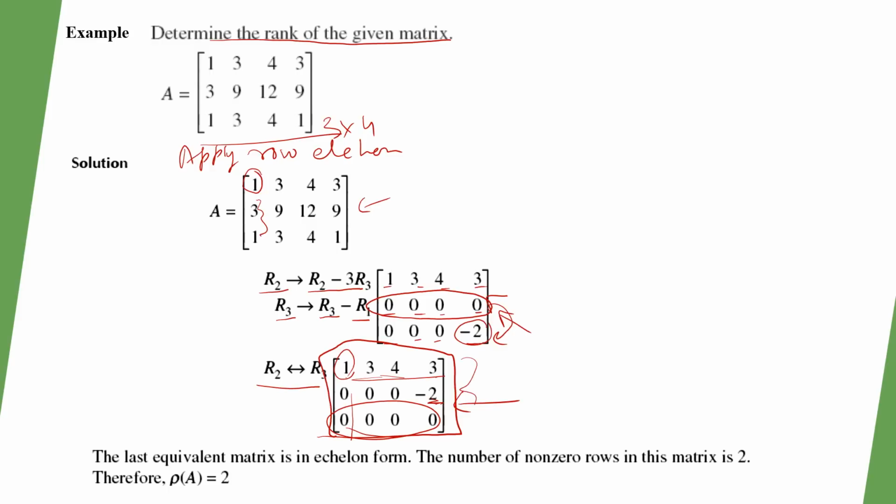So the matrix is reduced into Echelon form. Now we check how many non-zero rows there are. Only 1 and 2 are non-zero rows, and one row is completely 0. So we can say the rank of the matrix is 2.